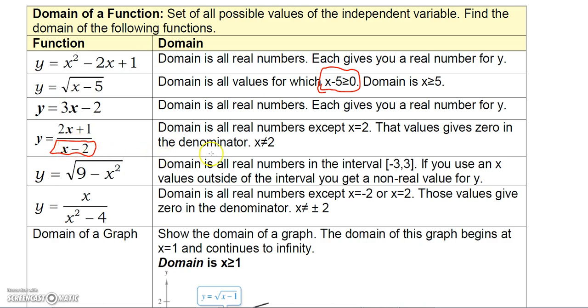So we have to figure out what makes x minus 2 equal 0, and we have to avoid that number. If you set x minus 2 equal to 0 and solve it, you would get x equals 2. That's the number we need to avoid. So the domain would be all real numbers except x equals 2.